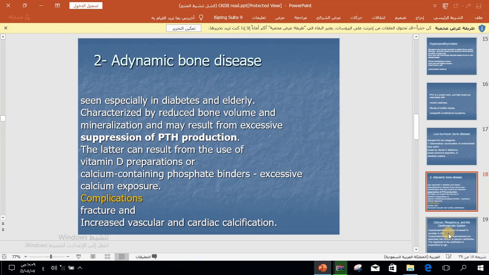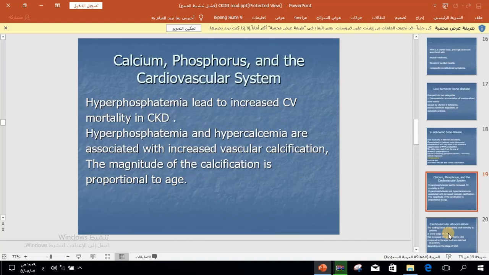A dynamic bone disease is seen especially in diabetic and elderly patients, characterized by reduced bone volume and mineralization, and may result from excess suppression of parathyroid hormone by vitamin D preparation and calcium containing phosphate binders, and excessive calcium exposure. A complication of a dynamic bone disease is fractures and increased vascular and cardiac calcification.